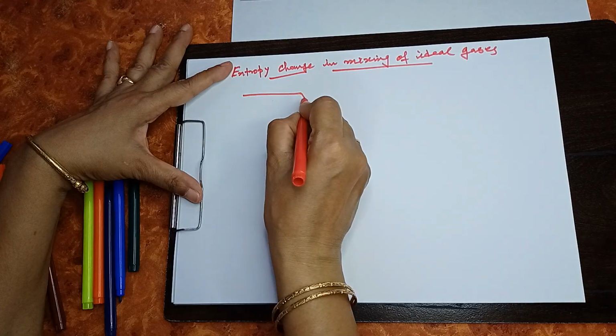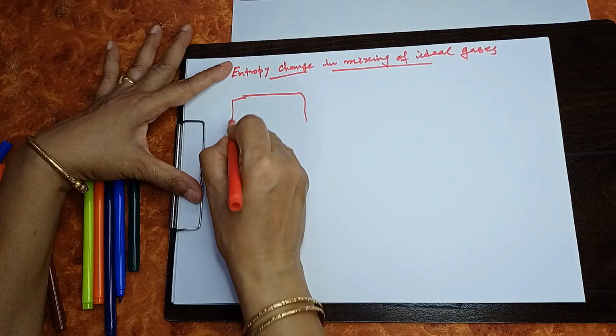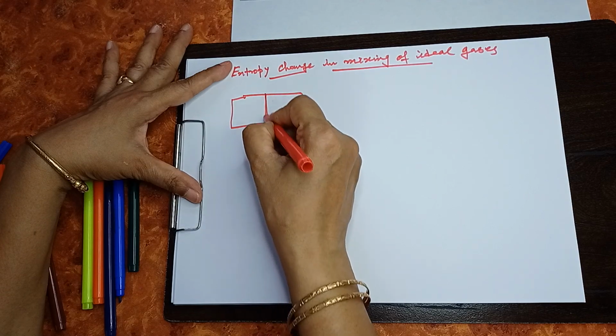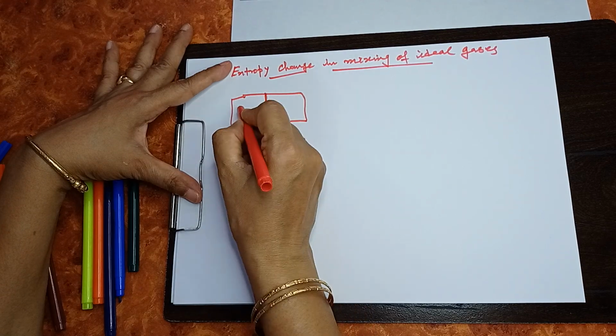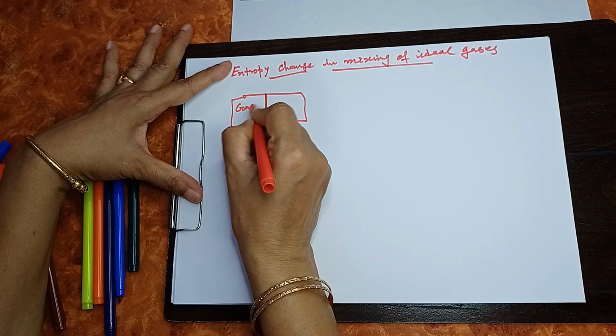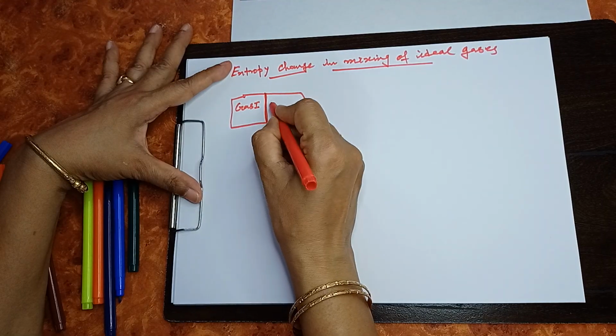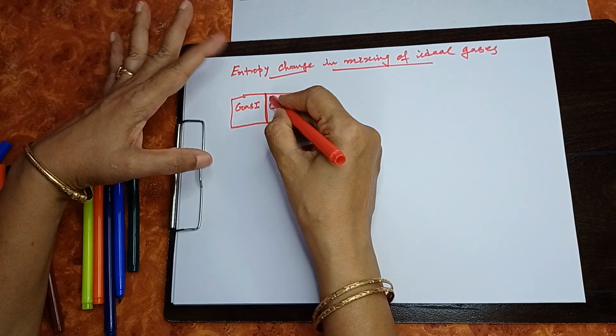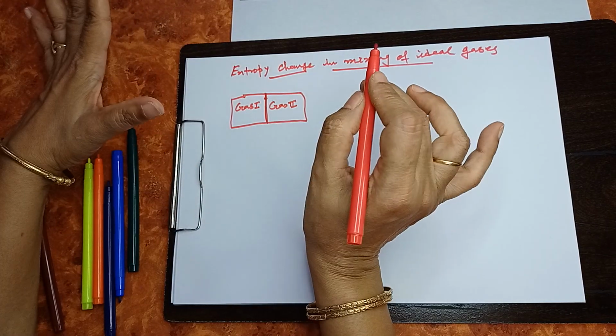Now just to consider, this is a chamber. It is separated by this partition. Here you have gas 1, ideal gas. Here it is gas 2. And if you remove this partition, gases will mix up.